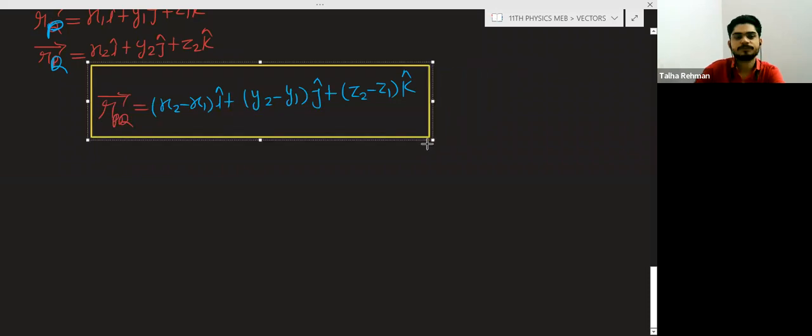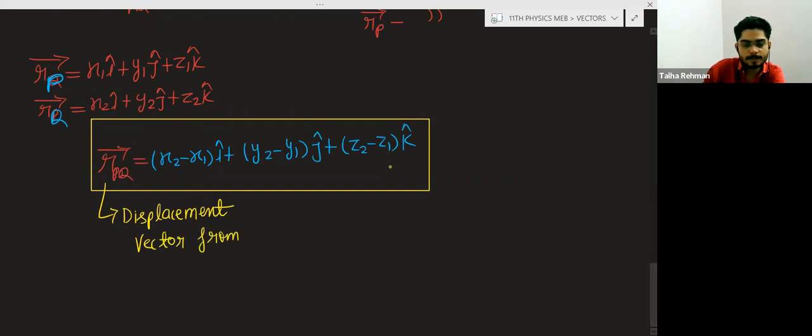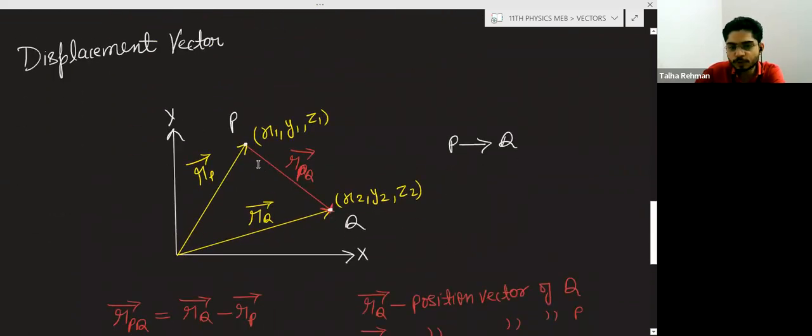Okay, this is your displacement vector from P to Q. If you want to find the displacement vector from Q to P, then you will write x1 minus x2 i cap, y1 minus y2 j cap, z1 minus z2 k cap.